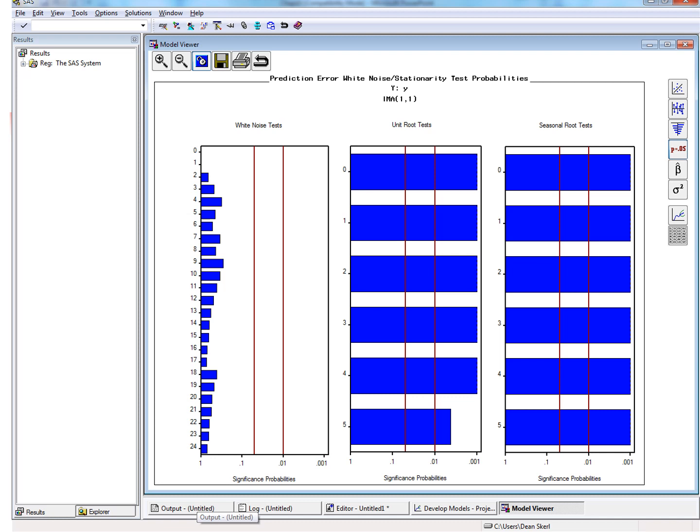Now, SAS has red lines. It has a red line at 0.01 and a red line at 0.05. In this case, the small bars are indicative of a large p-value. So all of these bars are well above 0.05, which is good, because that means we failed to reject the null hypothesis, and our null hypothesis was our model was adequate.